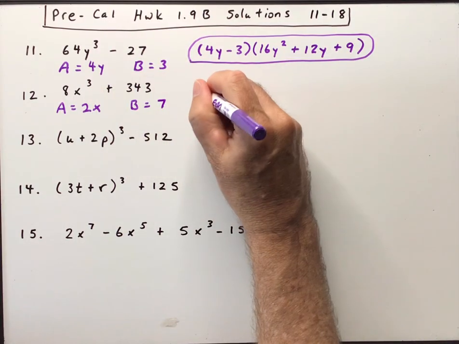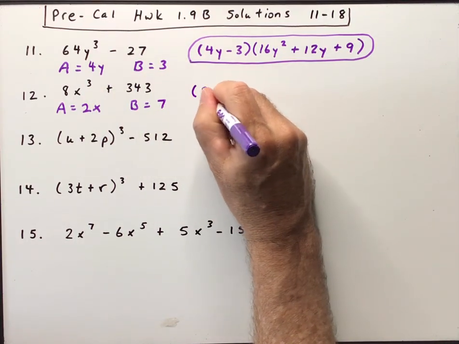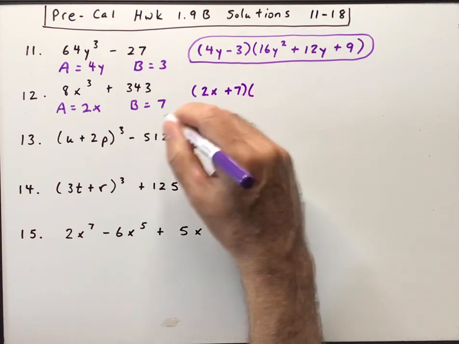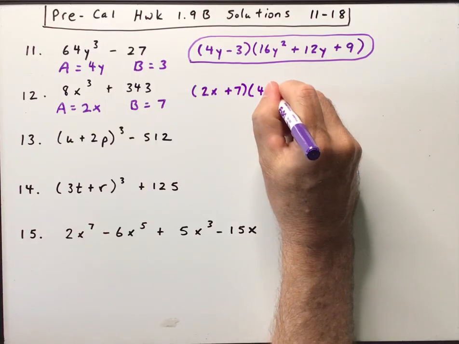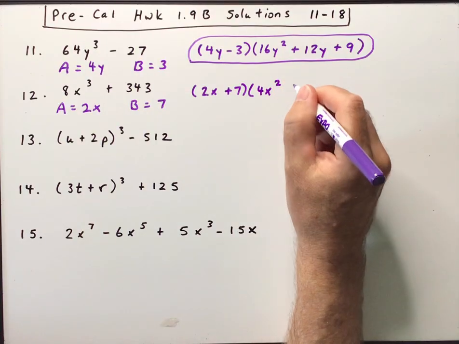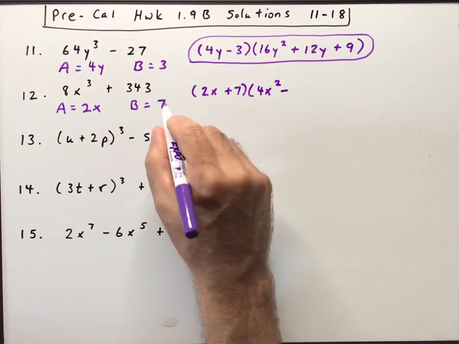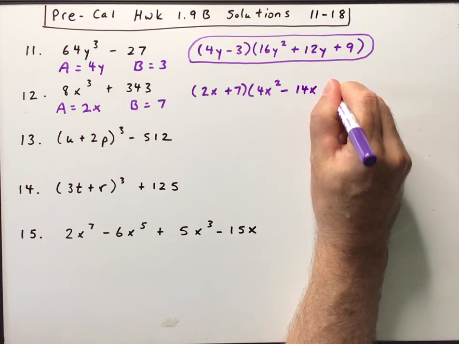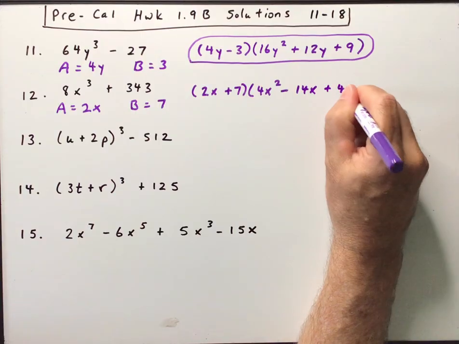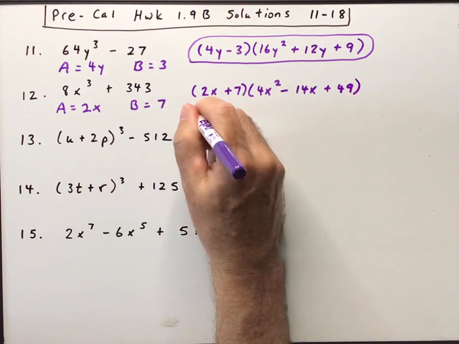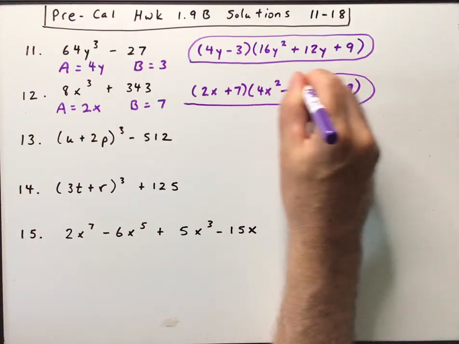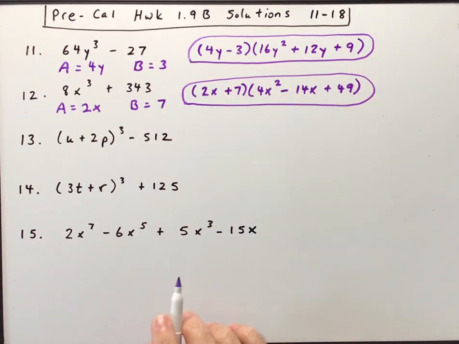Okay, it's a plus, so our first term is going to be plus, so 2x plus 7 times a squared, so 2x squared would be 4x squared, minus ab, so 7 times 2 is 14, so minus 14x, and then plus 7 squared is 49. So make sure you show the A and the B on your homework and on the test.